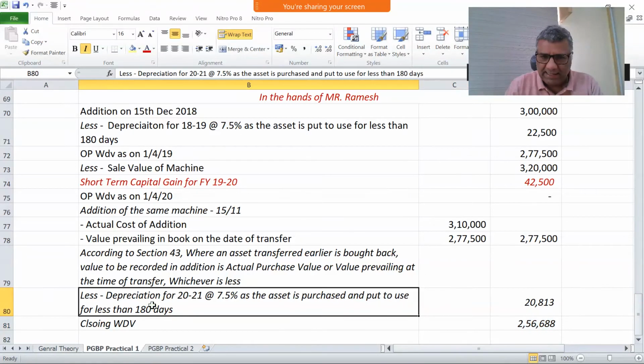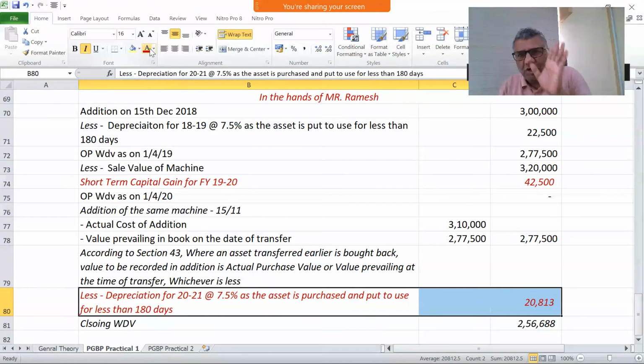Actually, this is the answer. In the hands of Ramesh, the problem is he is paying capital gains tax in one year, and even though he paid 3,10,000 for the asset, because he is purchasing his own asset again, he cannot record any value other than what is prevailing in the books, or if the new value is lesser, he cannot forget it.